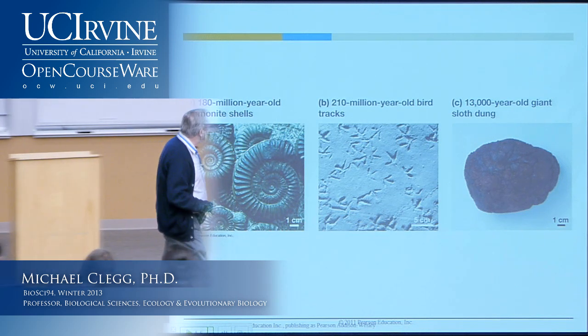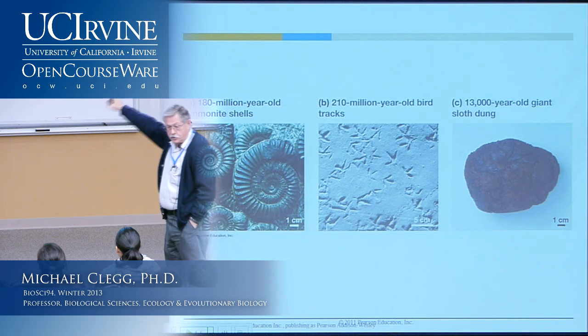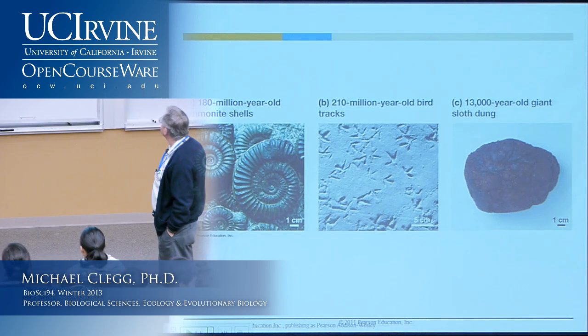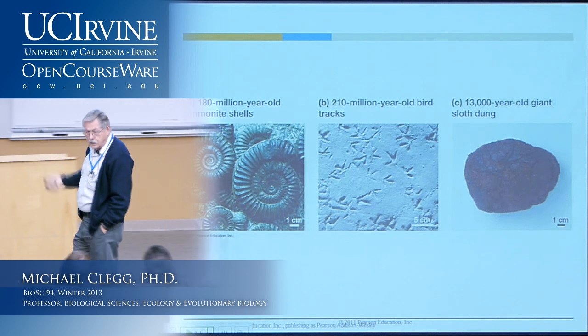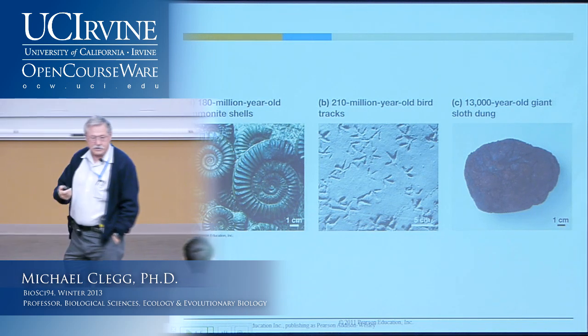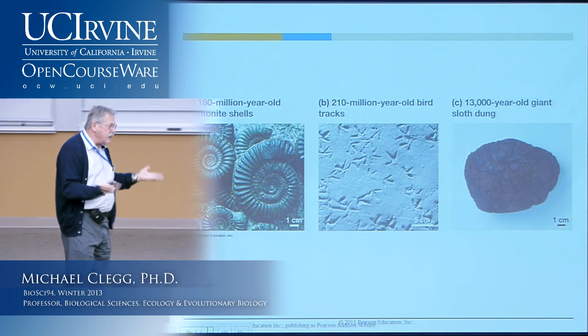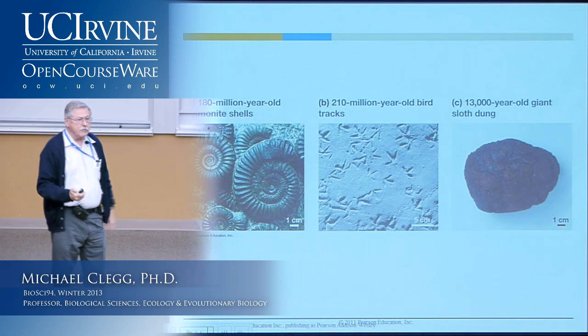And then a relatively recent fossil, a 13,000-year-old fossil of giant sloth dung. Remember, I mentioned the giant sloths of Patagonia and South America. So different kinds of fossils, different ages, make up this record of the past.